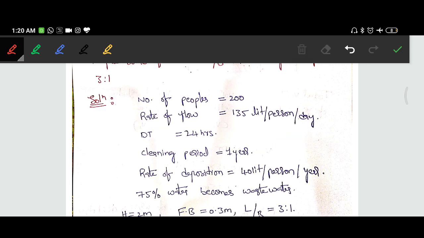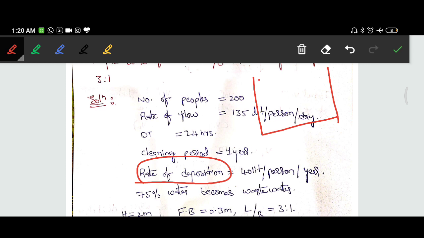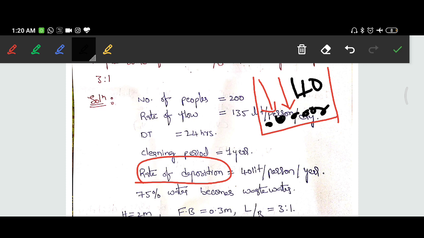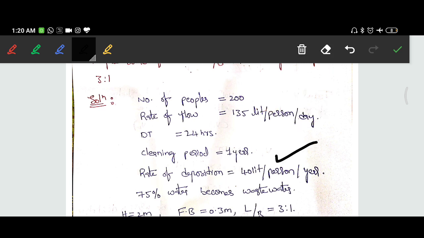Rate of deposition in septic tank, that is rate of deposition of sludge, will be 40 liters per person per year.